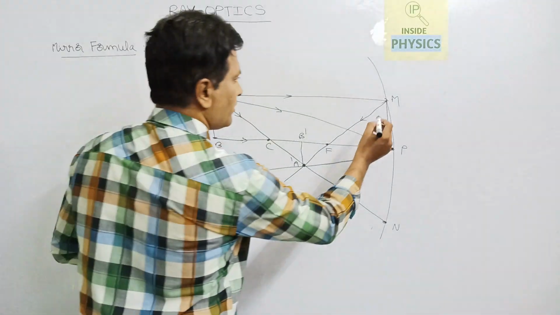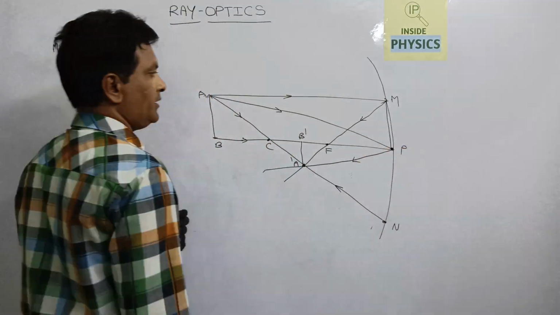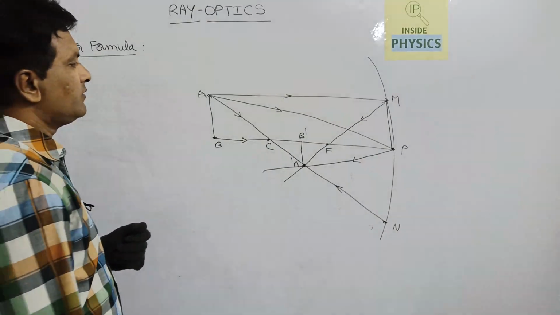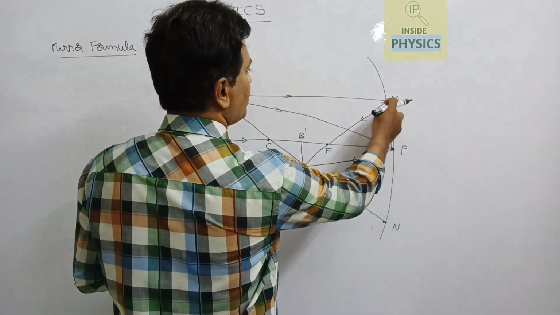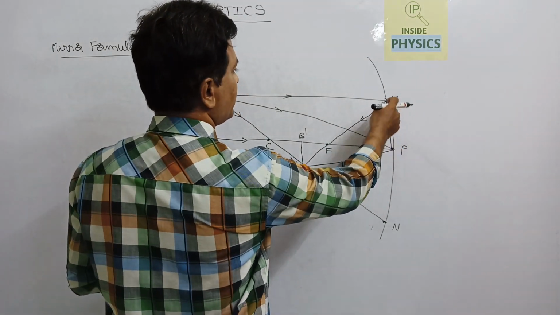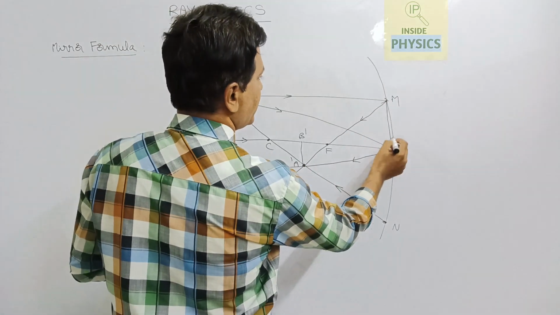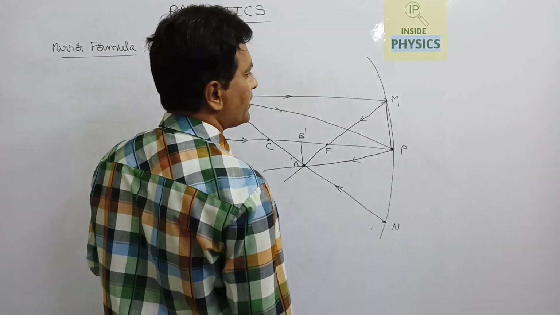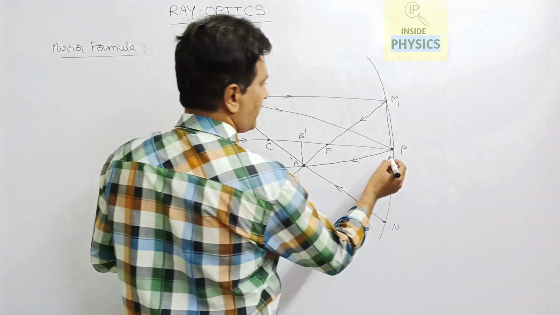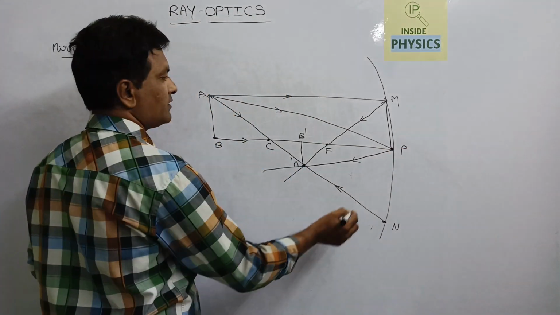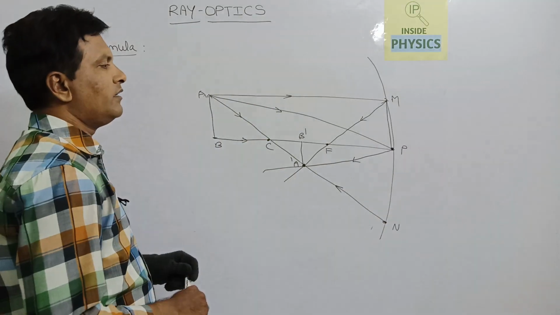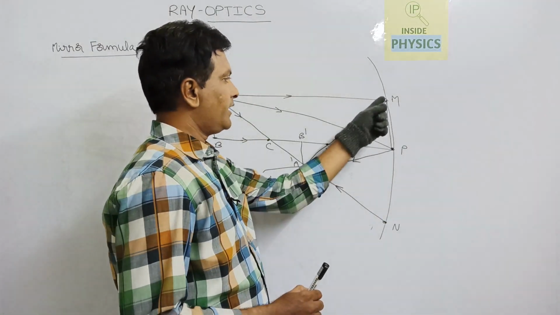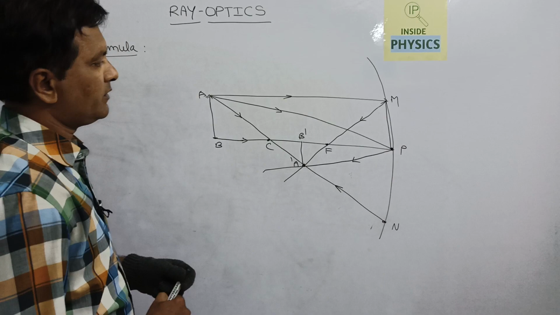A line drawn from M to P will be perpendicular to the principal axis. We ignore the curvature of the spherical mirror, and we can consider this as a perpendicular because the variation of distance from the pole to this line is so small compared to the length of the perpendicular.